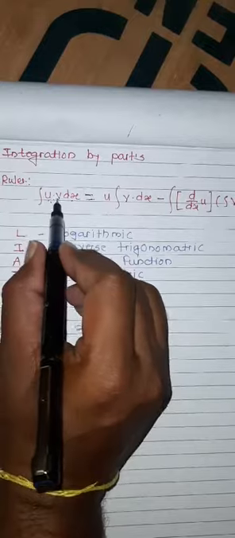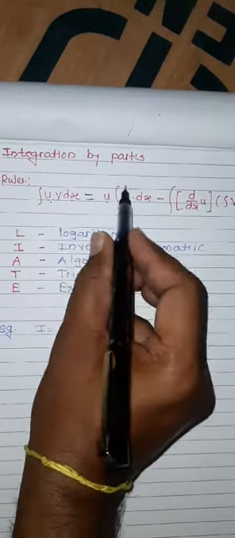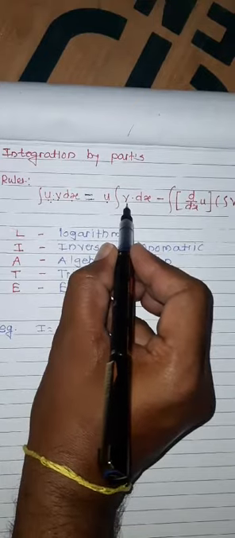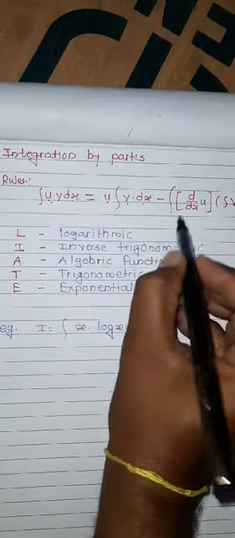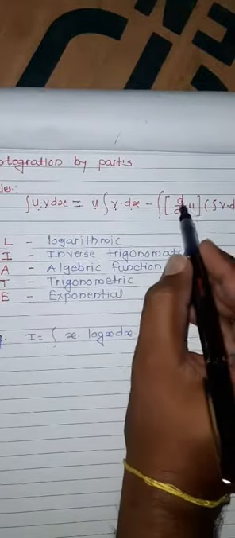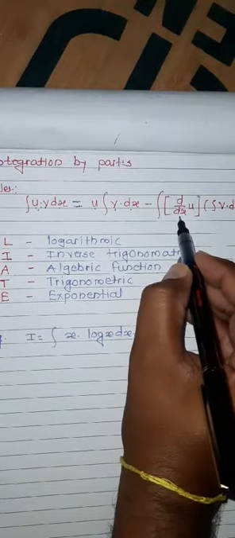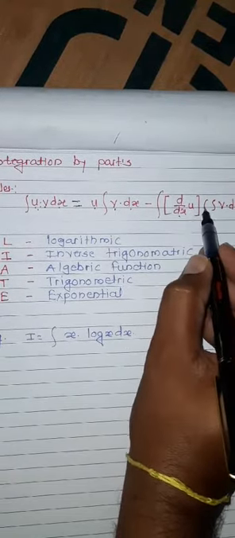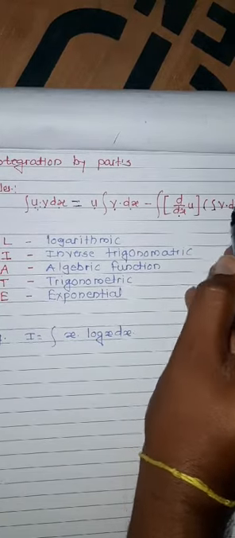This is the first function, this is the second function. It is equal to u into the integration of the second function v dx, minus the integration of du upon dx, meaning the derivative of the first function, multiplied by the integration of the second function v dx.